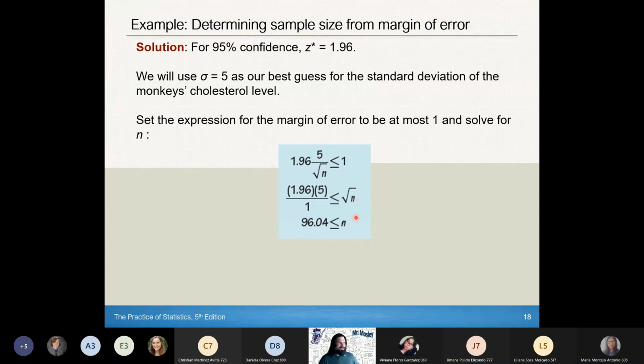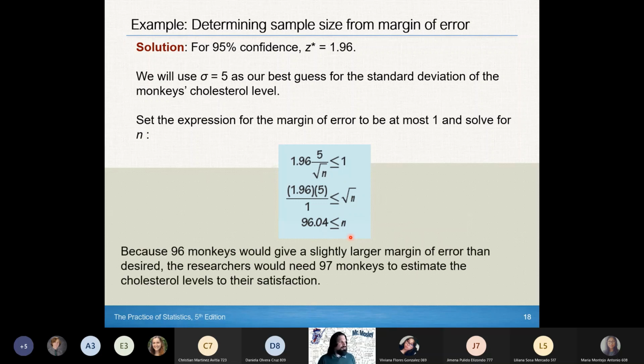We multiply each side by the square root of N. And we get 1.96 times 5 divided by 1 is less than or equal to the square root of N. We square both sides, and we get 96.04 is less than or equal to N, meaning N is greater than or equal to 96.04. Because 96 monkeys would give a slightly larger margin of error, because it violates our inequality, the researchers would need 97 monkeys to estimate the cholesterol levels to their satisfaction.